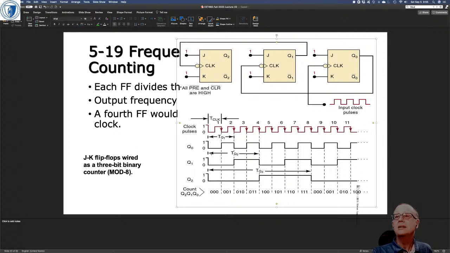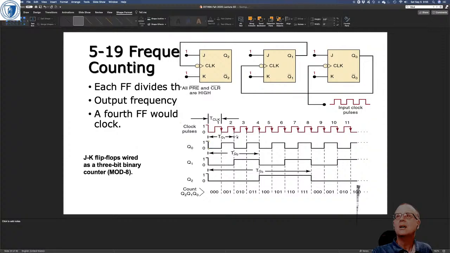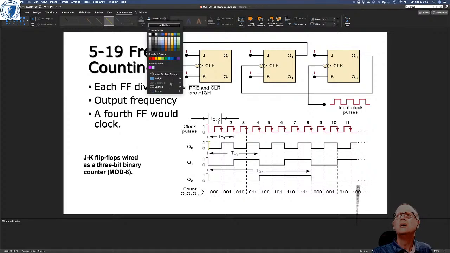Right, the interesting transitions for Q1 are on the negative going transitions. Let me see if I can make this work.